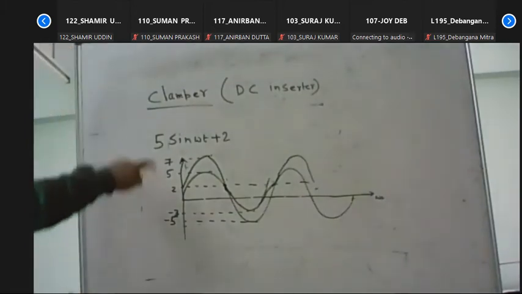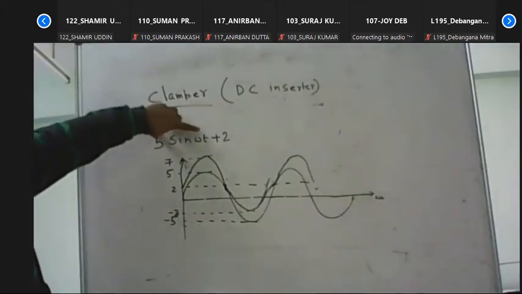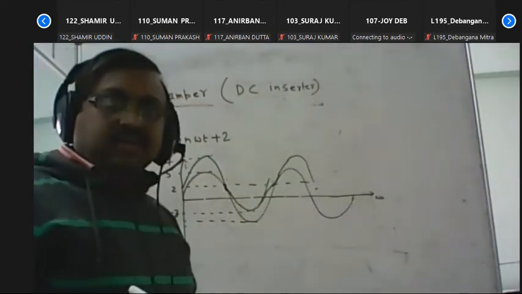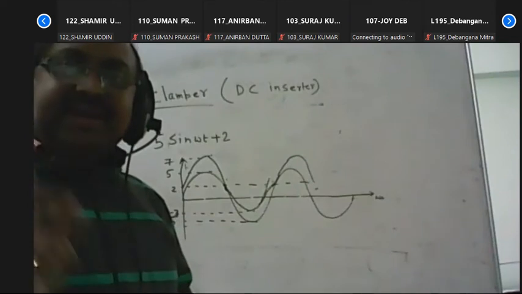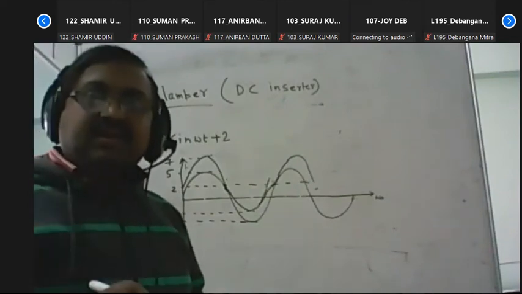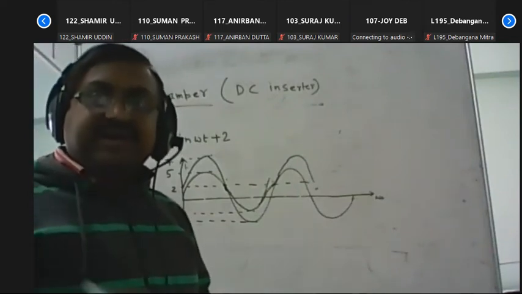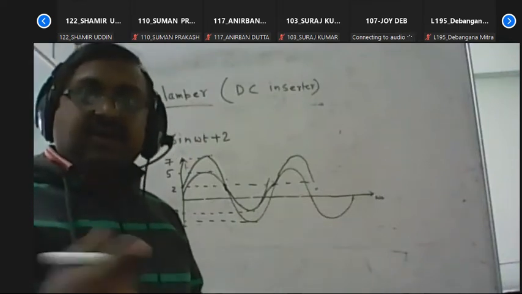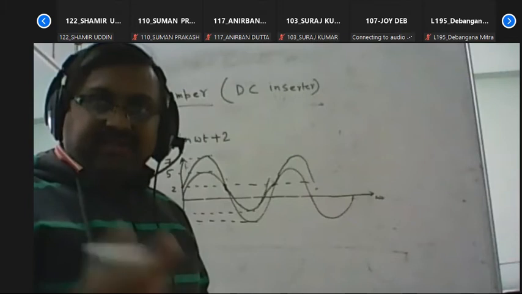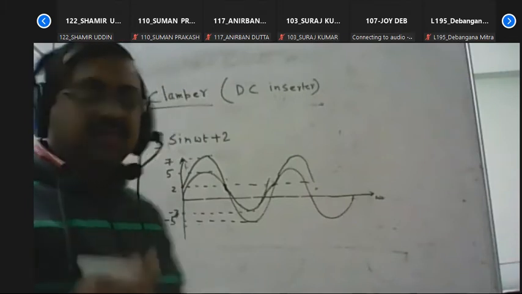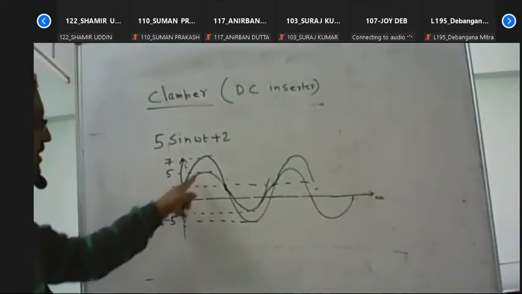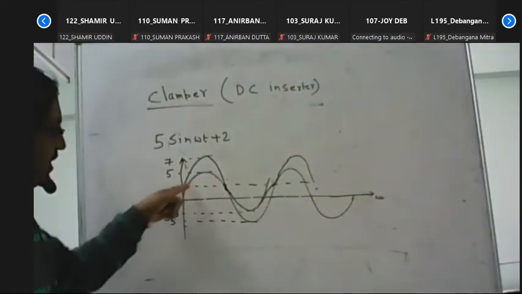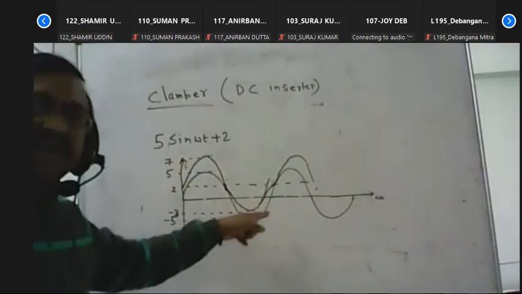In the previous case, when we consider only the 5 sin omega t input signal, how do we calculate the DC level of the signal? We basically calculate the area of the signal, the average area. Now, in the case of 5 sin omega t, how much positive cycle is present? The same amount of negative cycle is present.